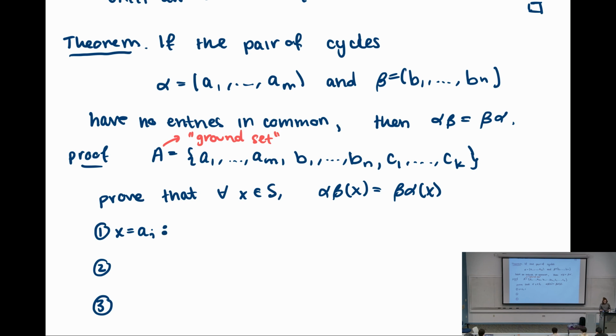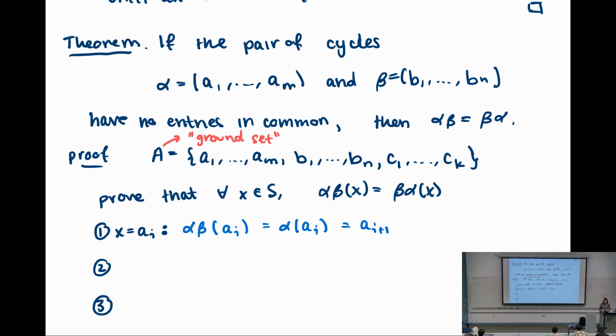So that would mean that alpha beta of a sub i, well, what is this? Beta fixes all of the a sub i's, so this would be alpha of a sub i, and alpha is a cycle that's just going to send a sub i to a sub i plus 1. So this becomes a sub i plus 1.